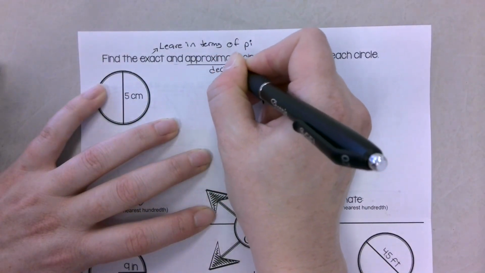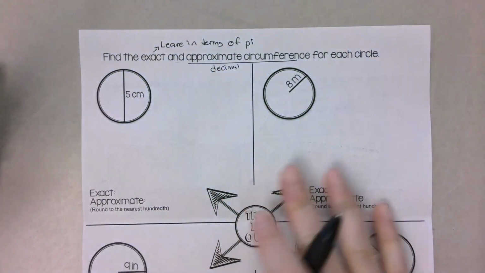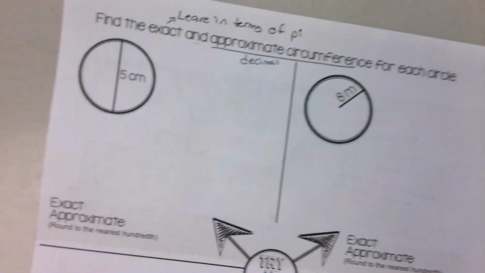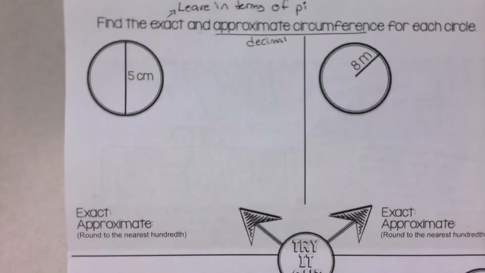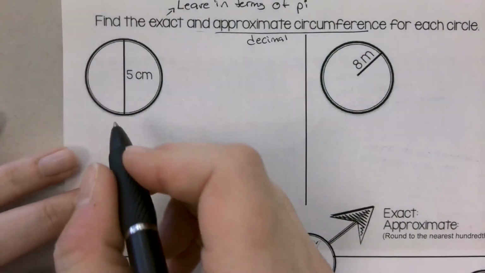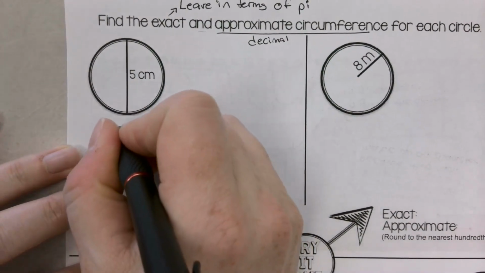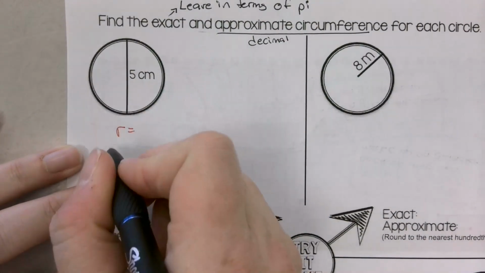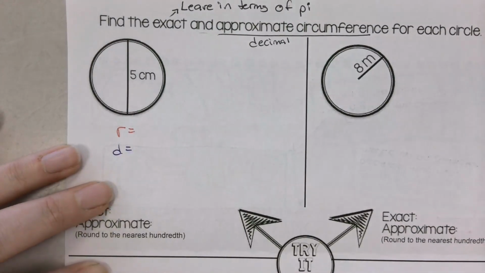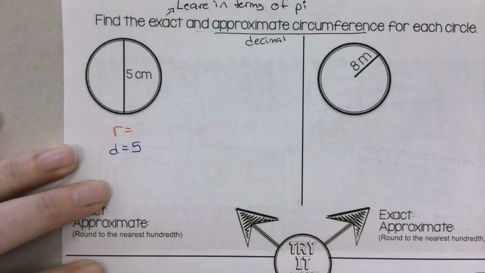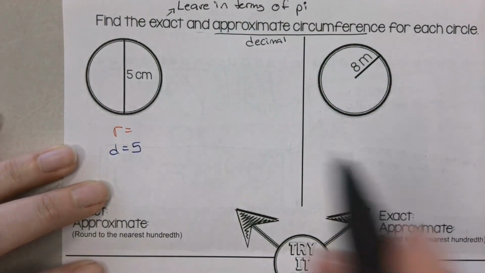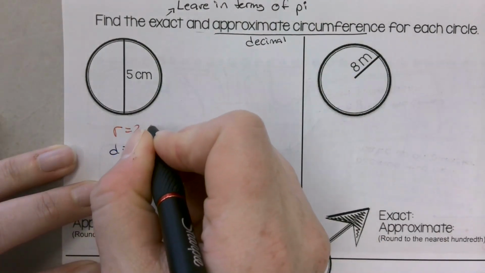Now, whenever you're trying to find the circumference, my recommendation as soon as you see a circle is to identify what your radius is and what your diameter is. So this particular circle gives us the diameter of 5, and therefore we can calculate our radius by dividing by 2. So our radius is 2.5.